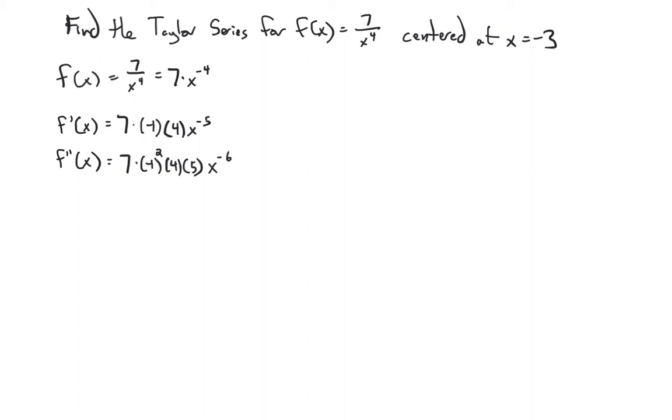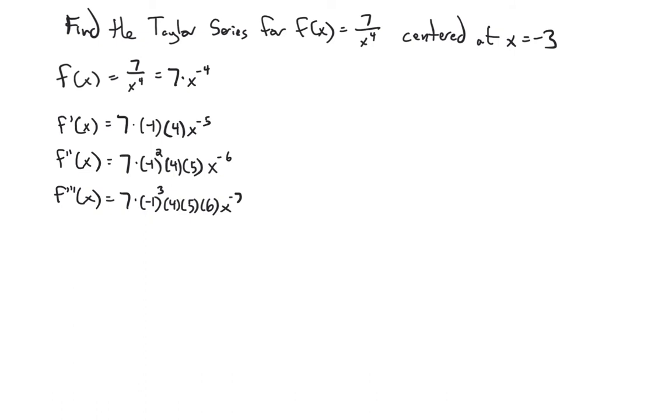Why am I splitting up the negative 5 into negative 1 times 5? I'm thinking if I keep multiplying by negatives, it's going to alternate negative, positive, negative, positive. So it's a good idea to split out these negative ones to simplify your series that way and to notice the pattern a little bit easier. Let's do a few more. The third derivative is going to be 7 times negative 1 cubed times 4 times 5 times 6 times x to the minus 7.